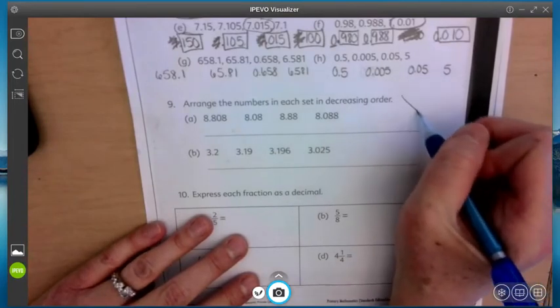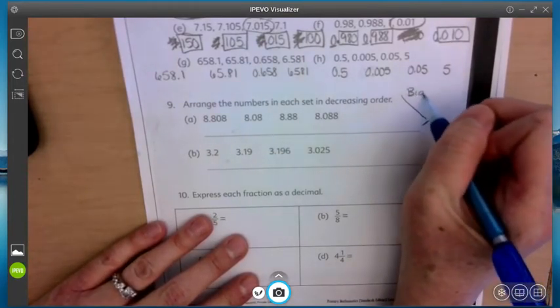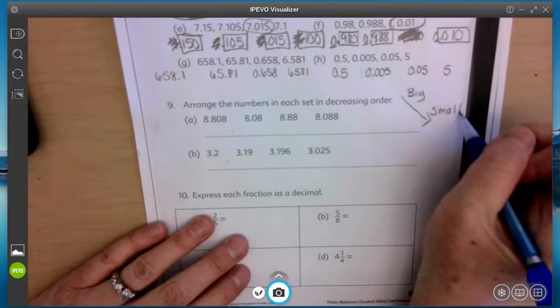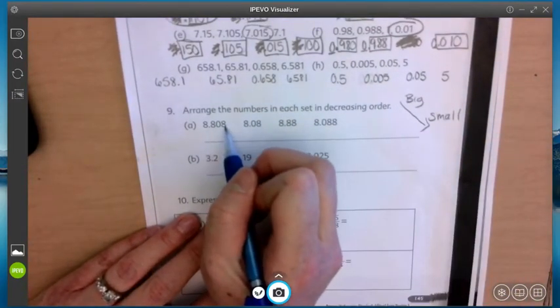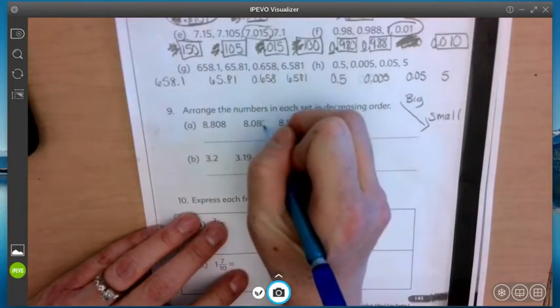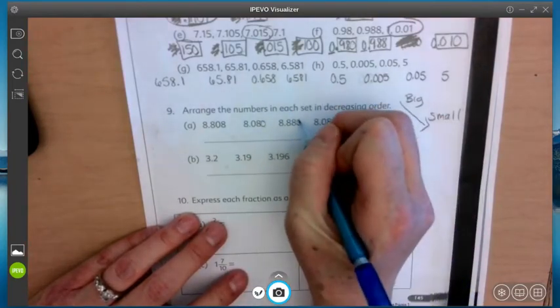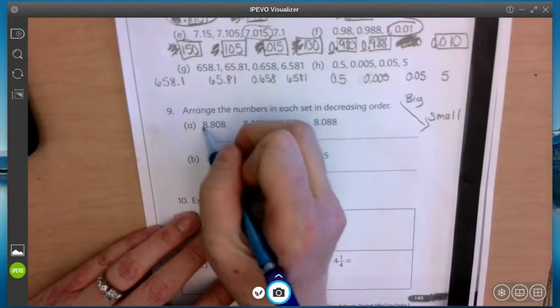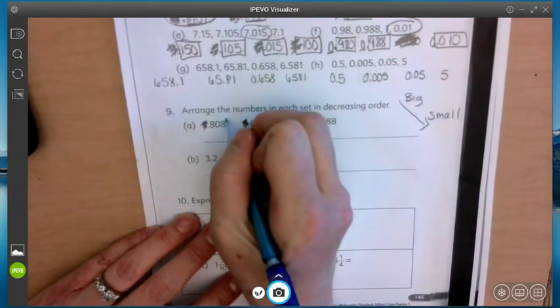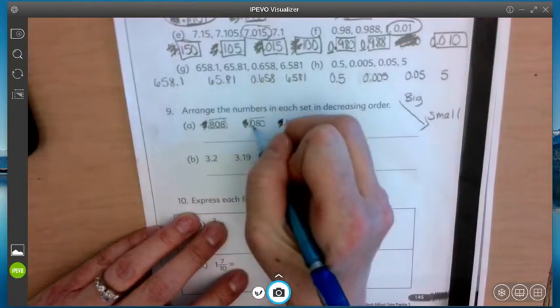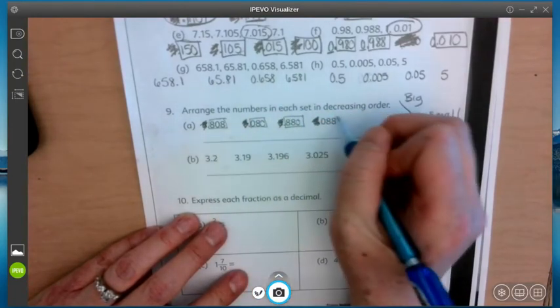All right, again, down here, arranging the numbers in decreasing order. That means they're going down from big to small. That's what decreasing means. We're going to do just like what we did up here. I can see that this one has 3 digits after the decimal, so I'm going to make them all have 3 digits after the decimal. Okay, now they all do. They all start with 8, so I'm not looking at that. I'm just looking at this, this, and this.